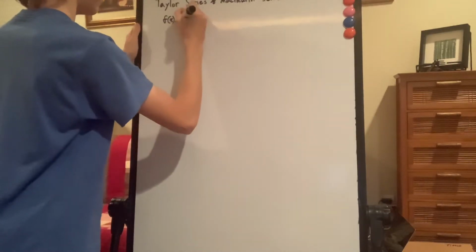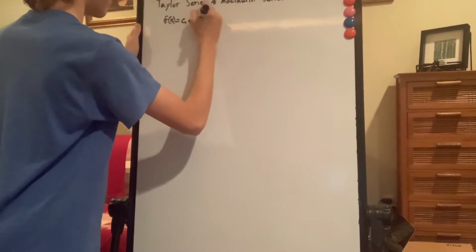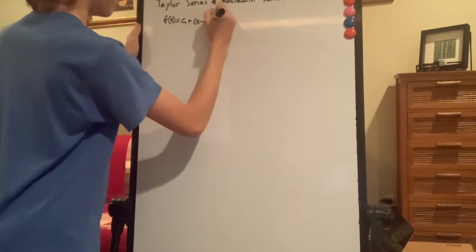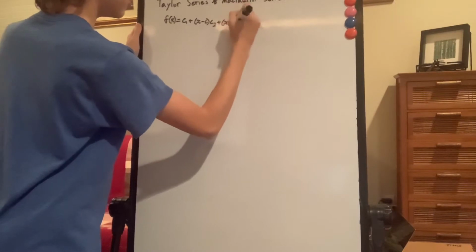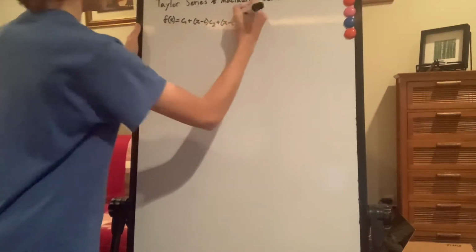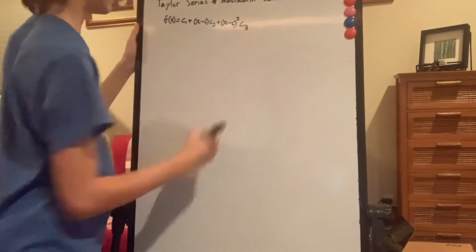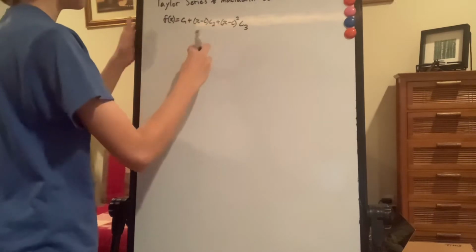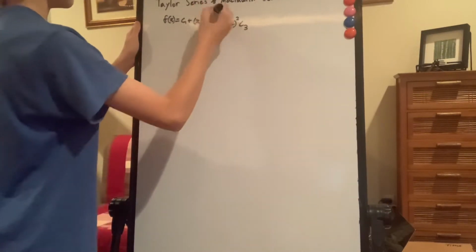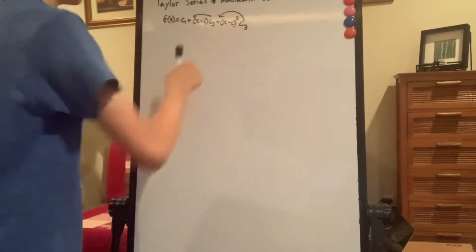So we have c sub 1 plus x minus c times c sub 2 plus x minus c squared times c sub 3, and so on. It's probably better to put these in front, it doesn't matter, but it looks nicer because the constant term usually goes here.